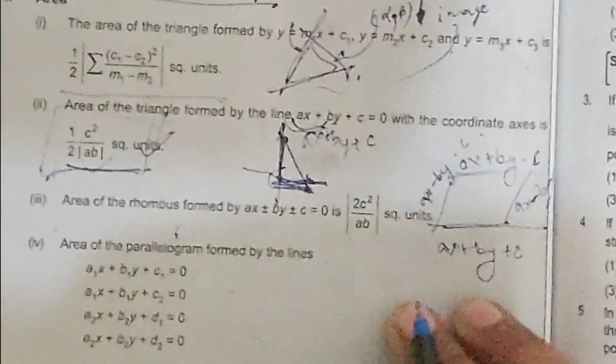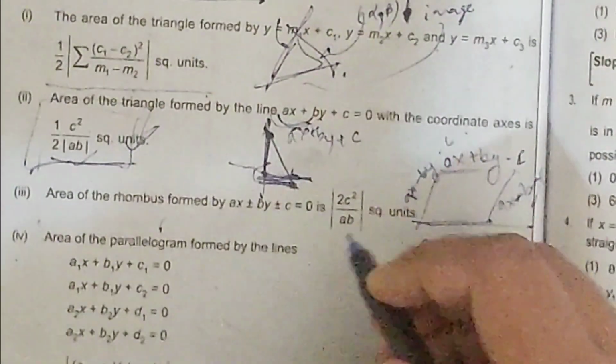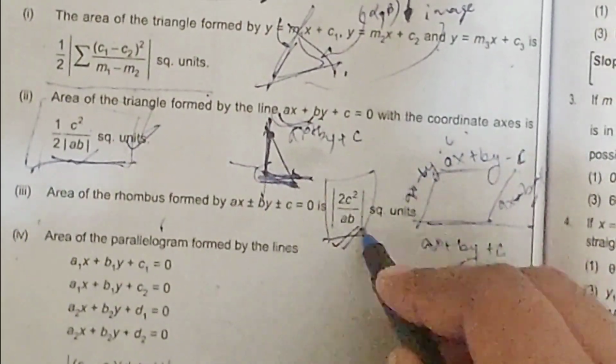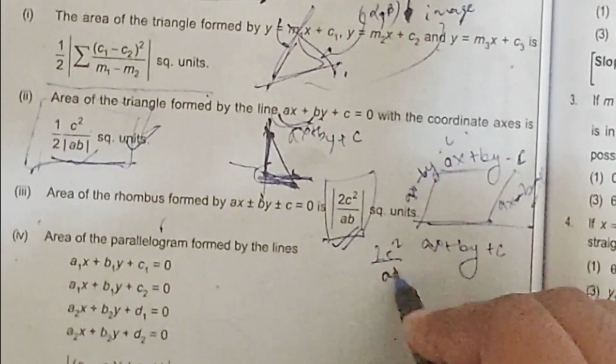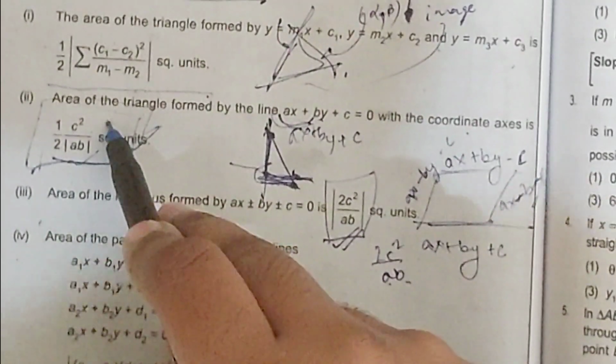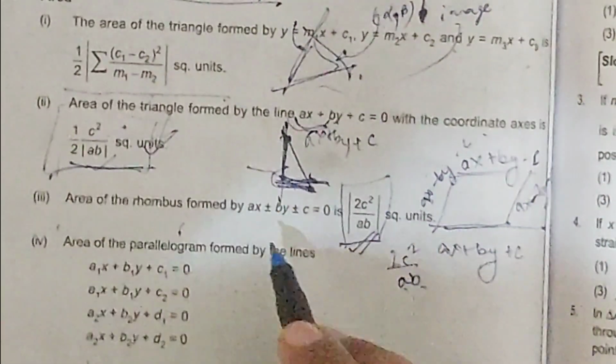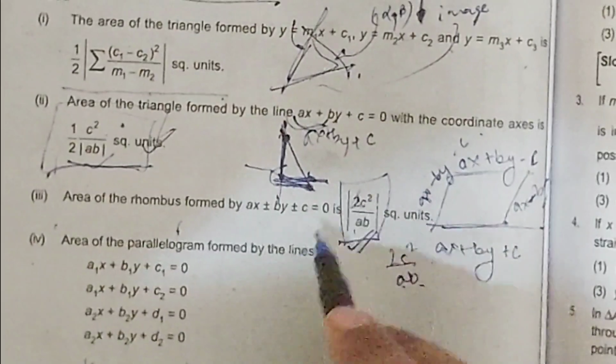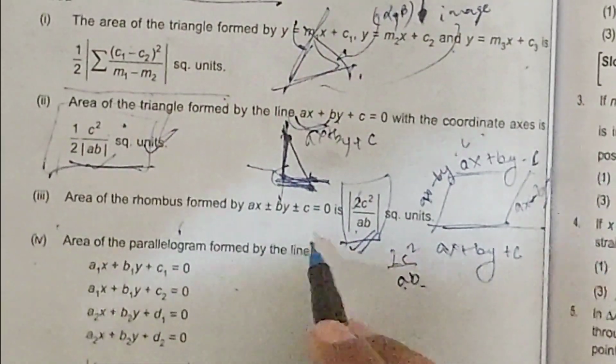So you got the four equations, and to find the area of this rhombus, this is the equation: 2c square upon ab. It was c square for the triangle, and for the rhombus it's just 2, so you can remember it. If you remember this, you'll easily remember this.